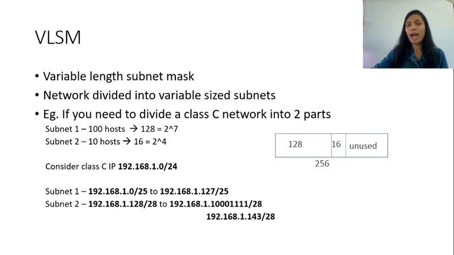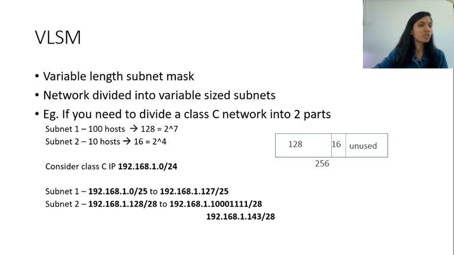So for example, if you have one large network of 128 IP addresses, that is 126 valid host addresses, and the other part needs just 16 addresses, or we can say it requires 16 minus 2, which is 14 valid IP addresses. This is one of the examples I have taken, wherein subnet 1 requires 100 hosts and subnet 2 requires 10 hosts. This type of requirement would be done optimally using VLSM.